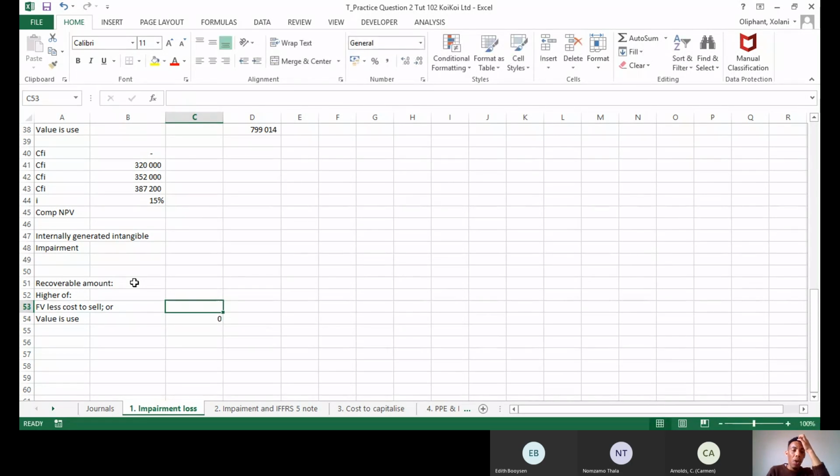We can say it's nil, or we can say not provided, or rather put nil. And then we say our fair value less cost to sell is going to be 400,000. Okay, they've given us 400,000, so therefore our recoverable amount is equal to 400,000. That's our recoverable amount.